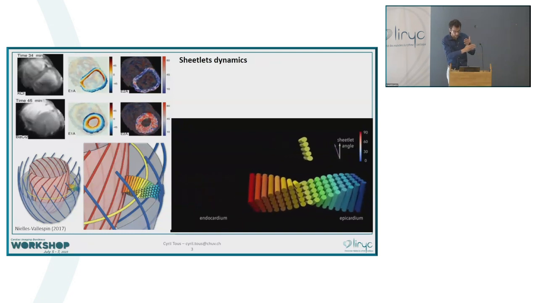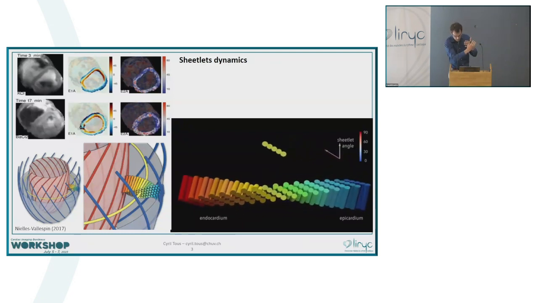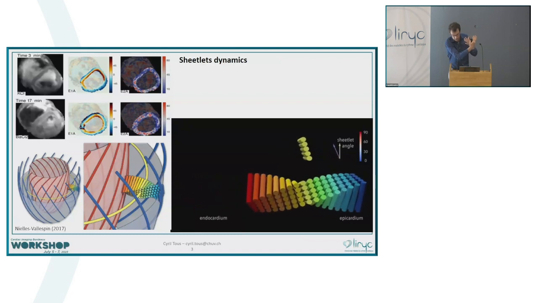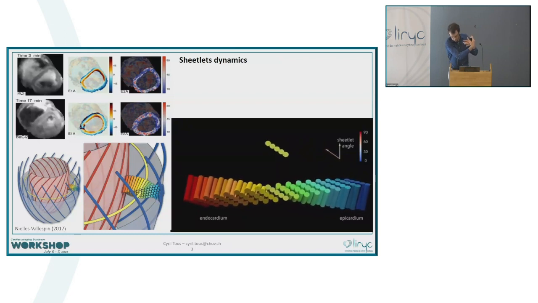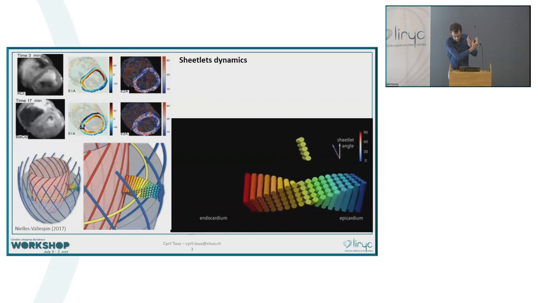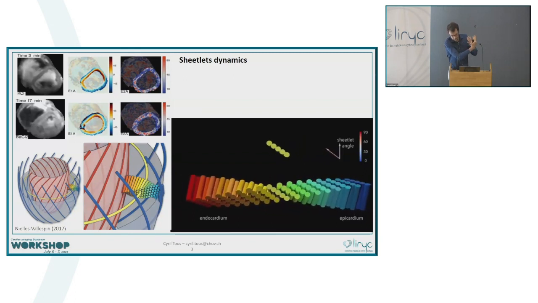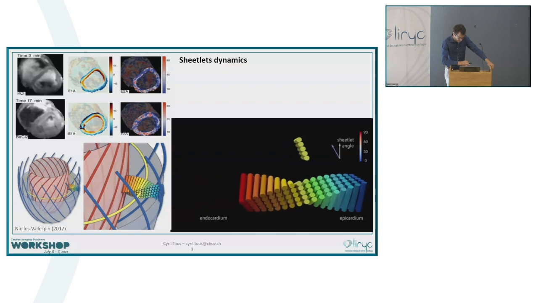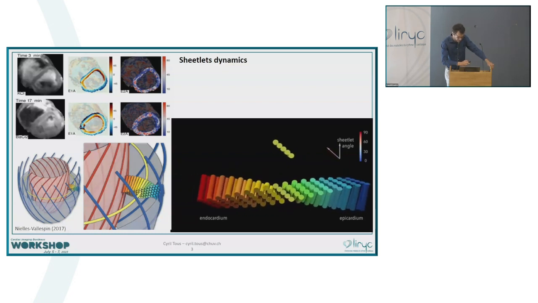So you have this helical orientation with the contraction, and then the sheetlets sliding onto each other. Most of the thickening is from those sheetlets sliding onto each other. This animation is quite oversimplified.